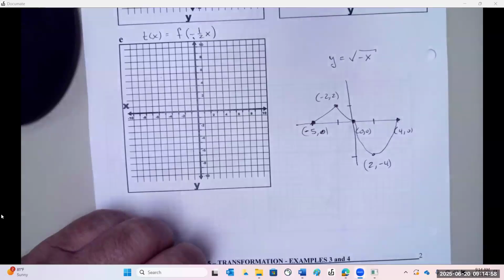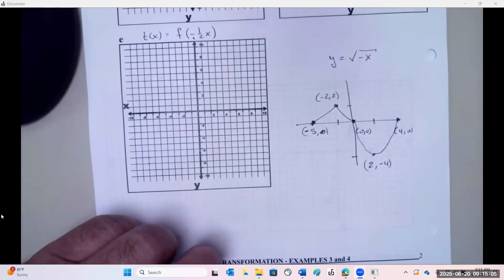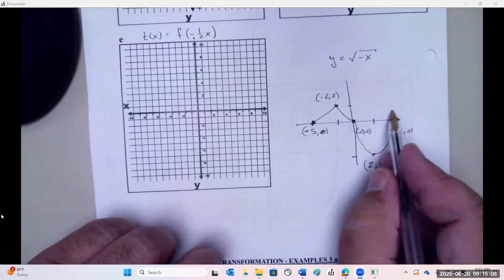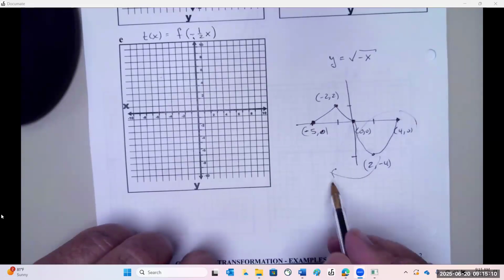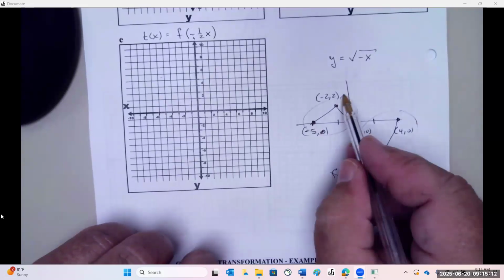So the negative tells me that my graph is going to flip across the y-axis. In other words, all these points are going to this side, and all these points are going to that side.